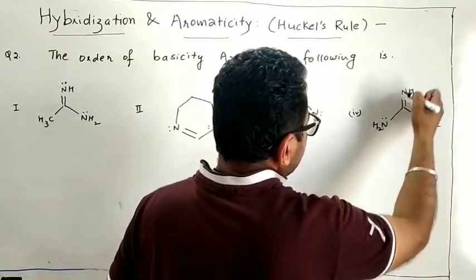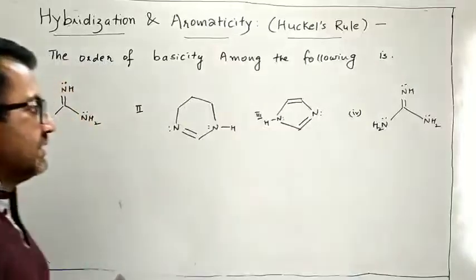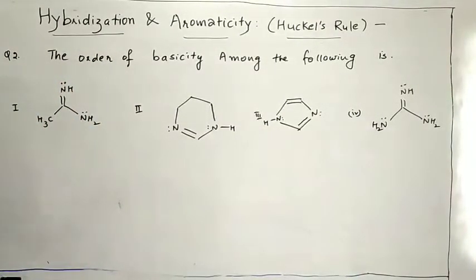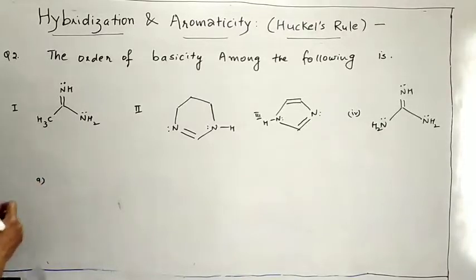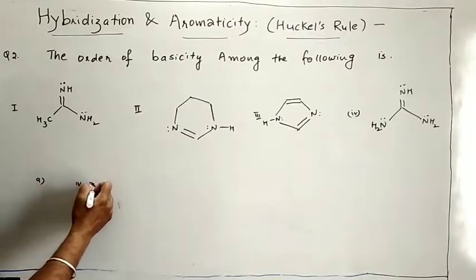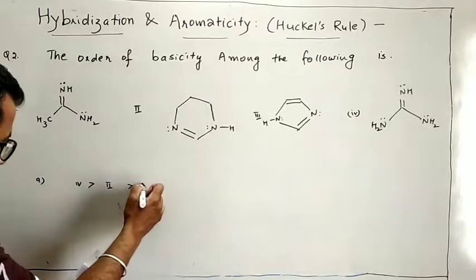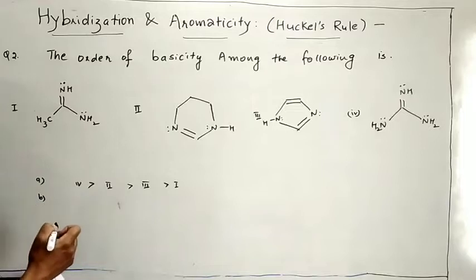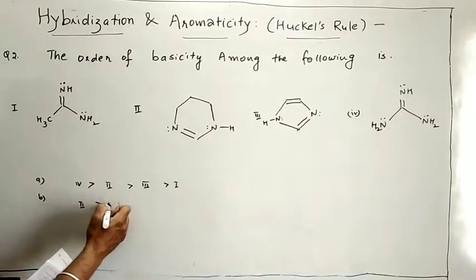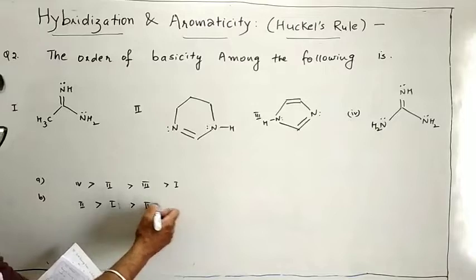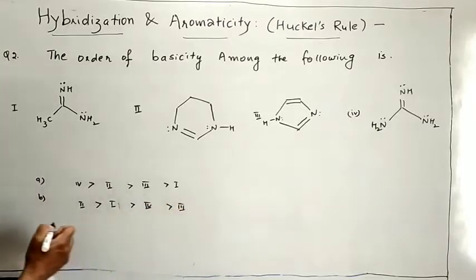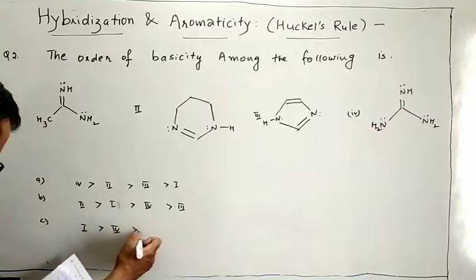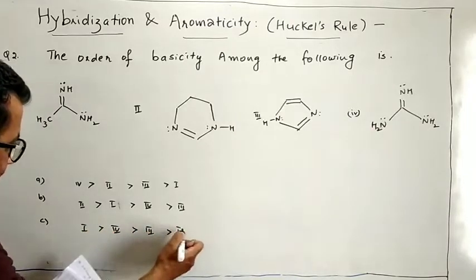Every nitrogen which forms 3 bonds obviously has a lone pair of electrons. So the options are: A is 4, 2, 3 and 1. Option B is 2, 1, 4 and 3. Option C is 1, 4, 3 and 2.